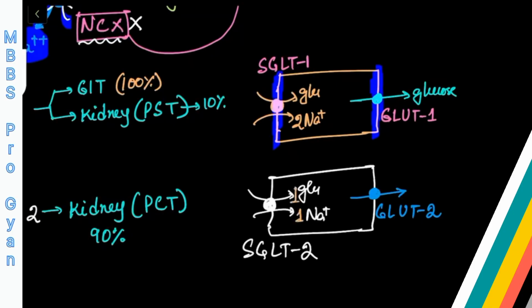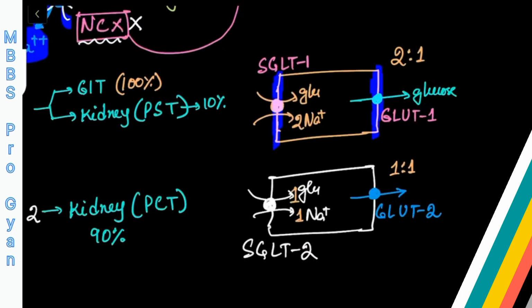In case of SGLT2, the coupling ratio is 1:1, 1 molecule of glucose, 1 molecule of sodium, right?